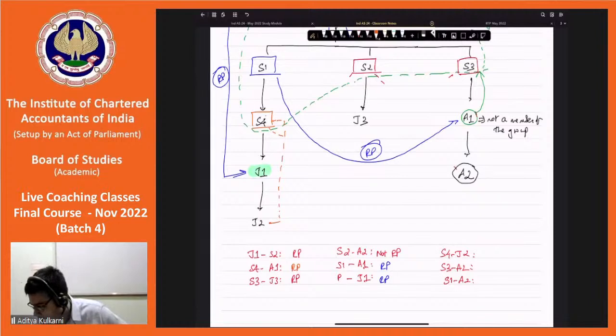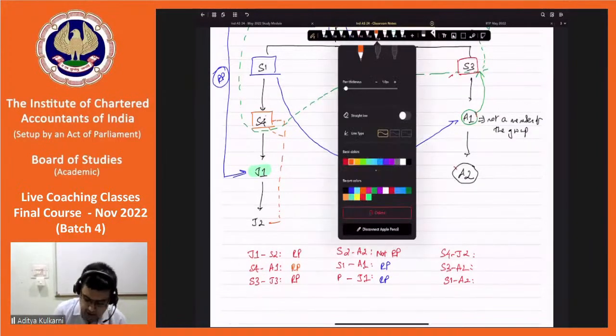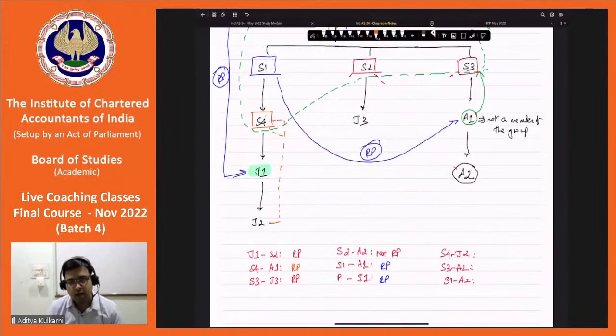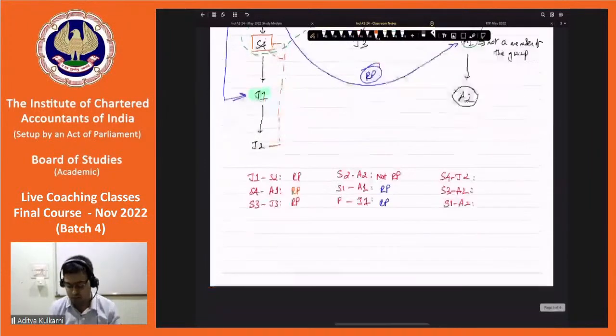That is also right. S4, J2, S3, J2. S4, J2. This is the one. Are they related? Answer is no, they are not. S4 and J2 are not related because J2 is not a joint venture of a member of the group. J2 is a joint venture of a joint venture of a member of the group.